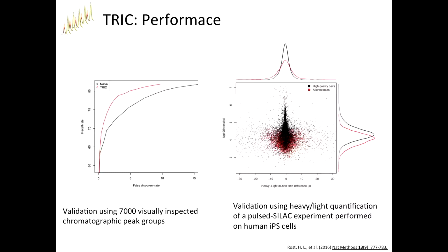What you can see on the x-axis and this distribution up here is that the heavy light elution time differences are very similar for the high quality pairs and the aligned pairs, just with a wider distribution for the aligned pairs. In terms of intensity, as you would expect, the realigned pairs were of lower intensity.